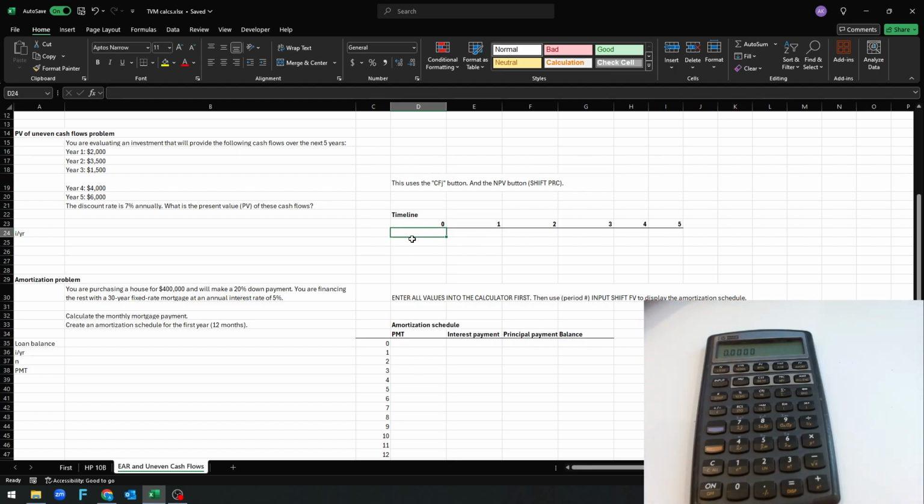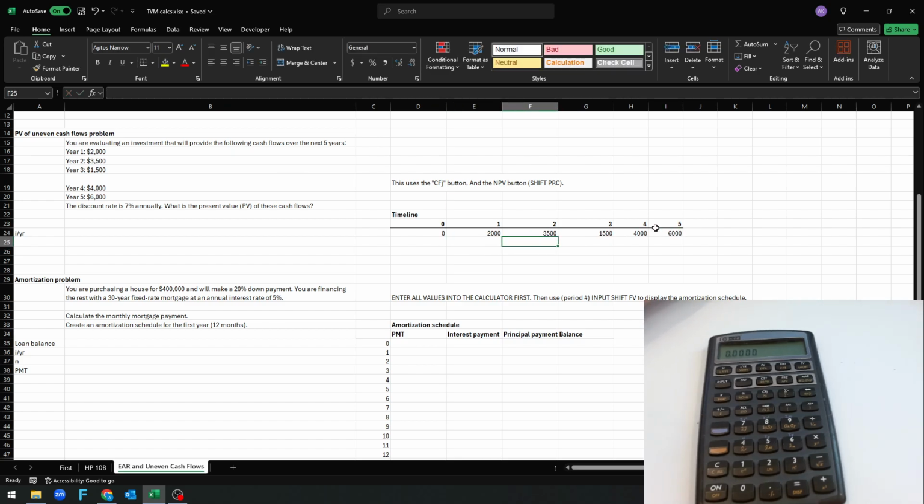Okay, so first thing we want to do, lay out the timeline of the cash flows. Period 0 is a 0 cash flow. 2,000 in period 1, 3,500 in period 2, 1,500 in period 3, 4,000 in period 4, 5,000 in period 5.